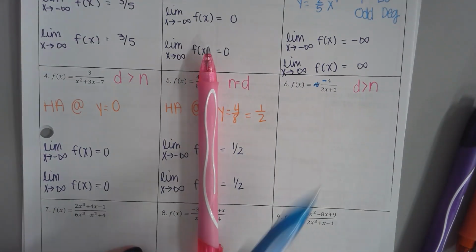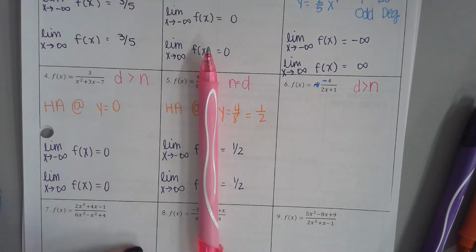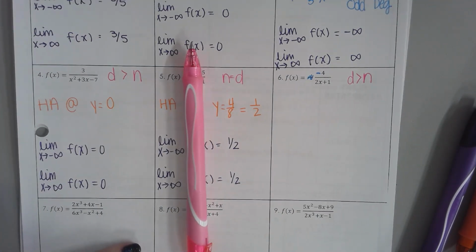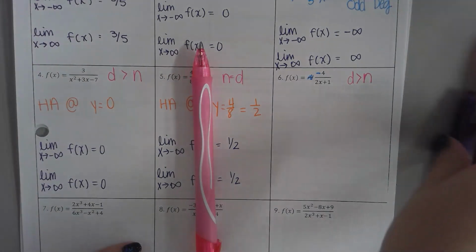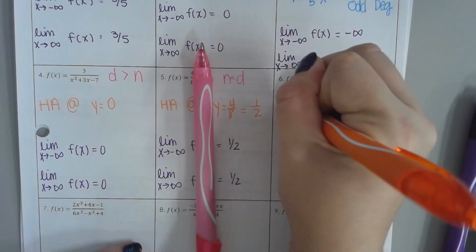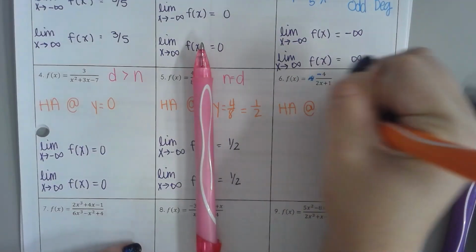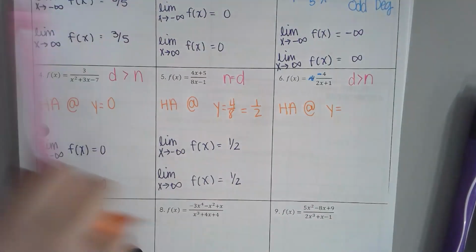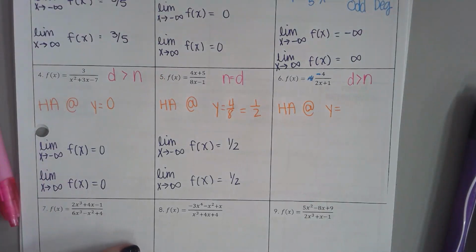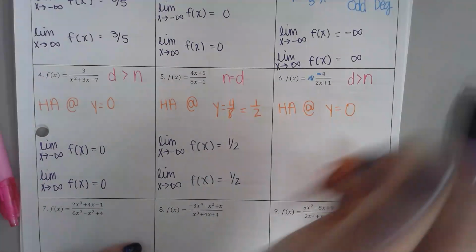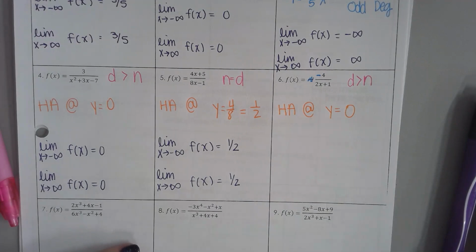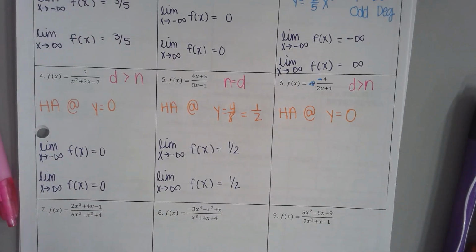Sometimes it's easier to make it negative 4 over 2x plus 1. So if the denominator is bigger, we have a horizontal asymptote at y equals 0. So both of your limits are equal to 0.